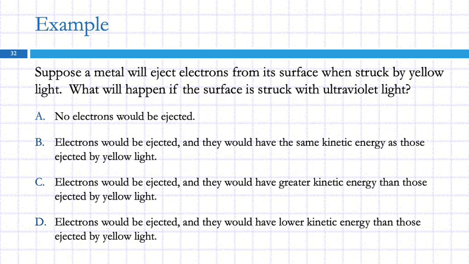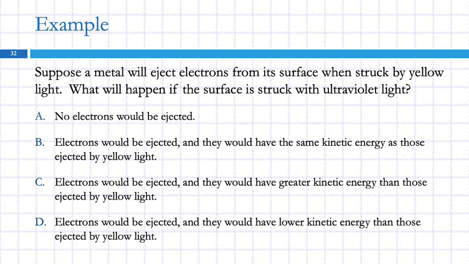The yellow light has enough energy, enough money to get into Disneyland, enough energy to eject electrons. If we have light that has more energy, will it eject electrons? Yeah. If we have light with less energy than yellow, will it eject electrons? No, it won't. So what we need to know is, does ultraviolet have more energy or less energy than yellow?